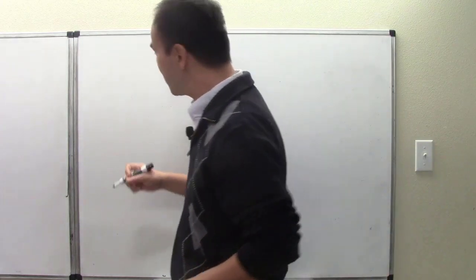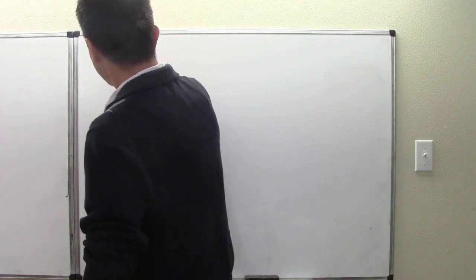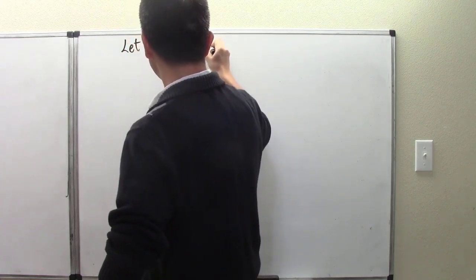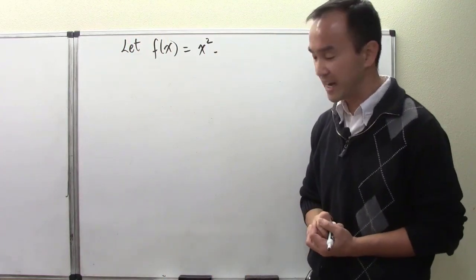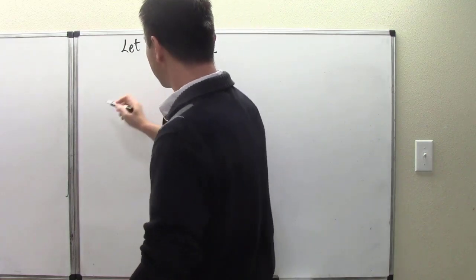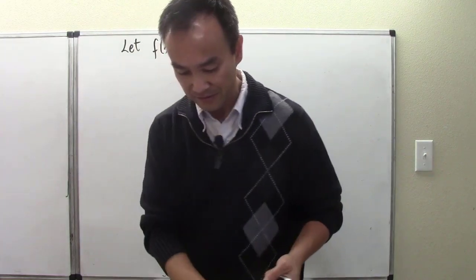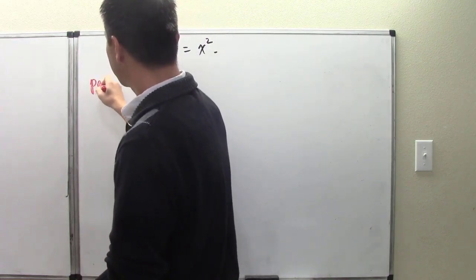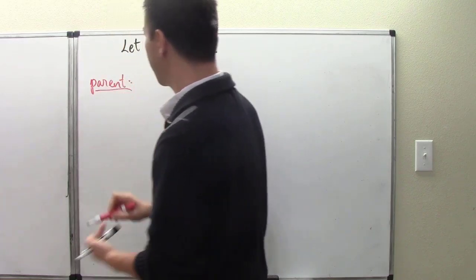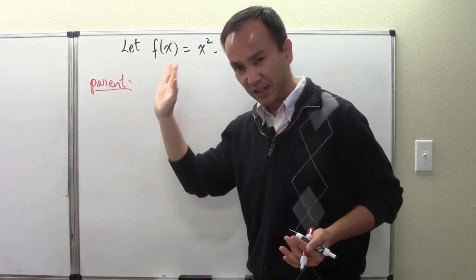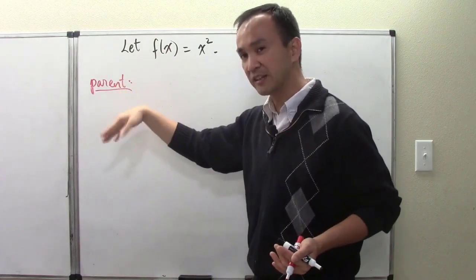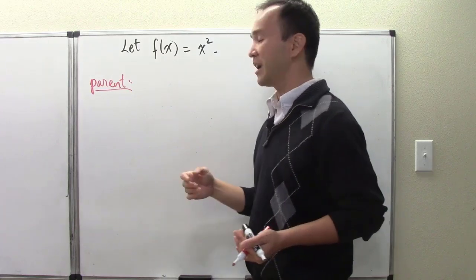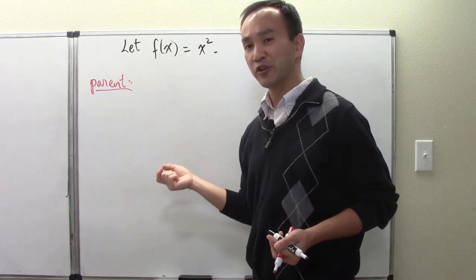Now I'm going to start out with a function again. Let f of x be the x squared function. As far as being a parent function, yes, for the parent function, I set up this convention of mine: the parent function is in red ink, and any descendant function is going to be a function that's eventually graphed in blue.